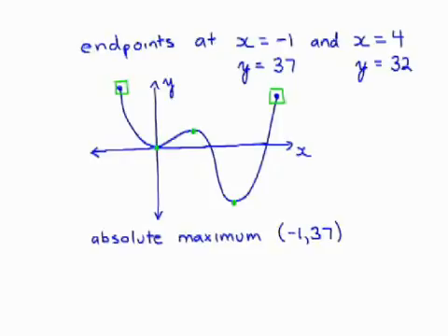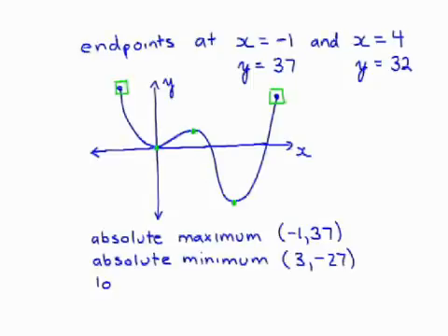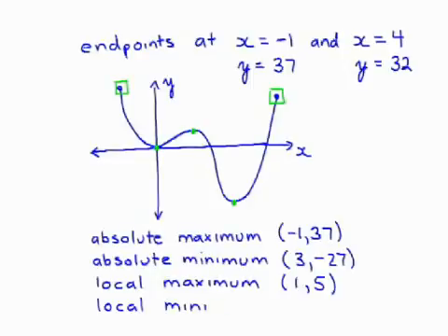We have an absolute minimum at the critical point (3, -27). We have a local maximum at (1, 5), which was a critical point. We have a local minimum at the critical point (0, 0).